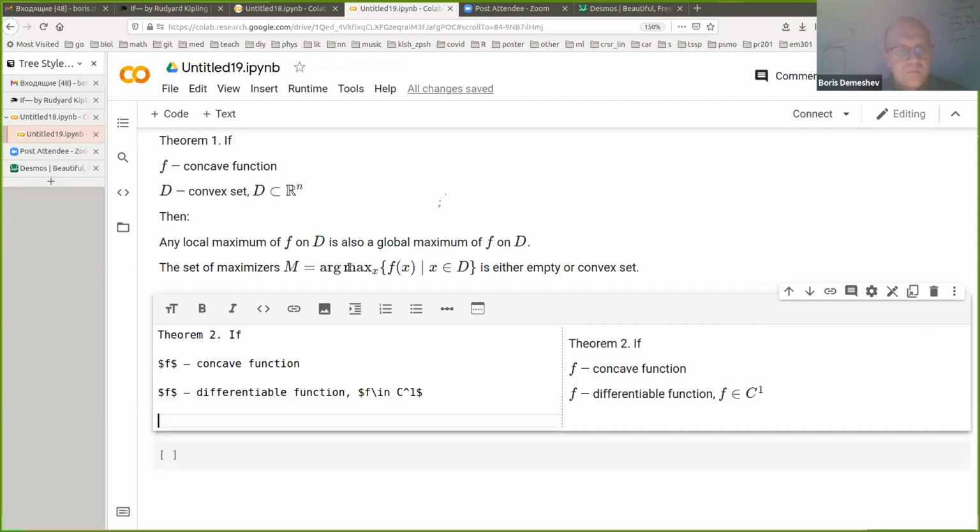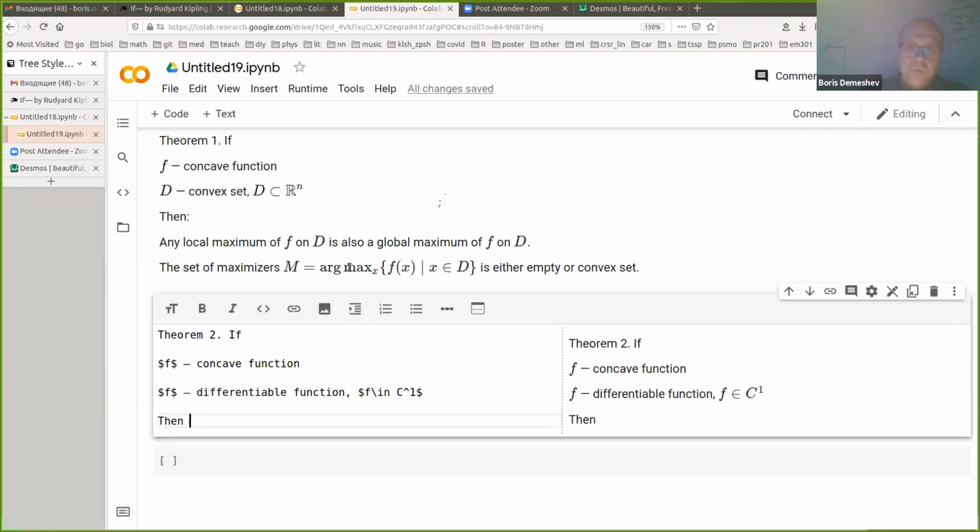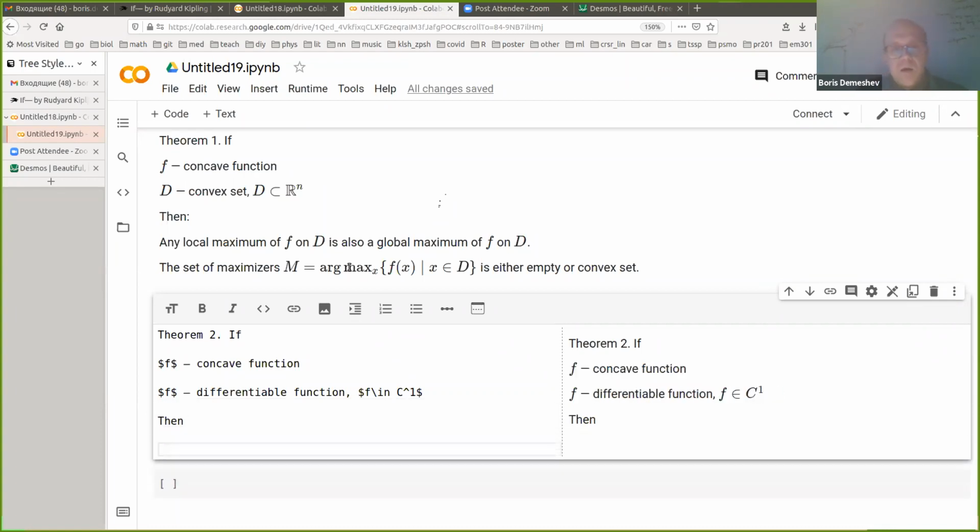Then basically first order conditions for unconstrained optimization.